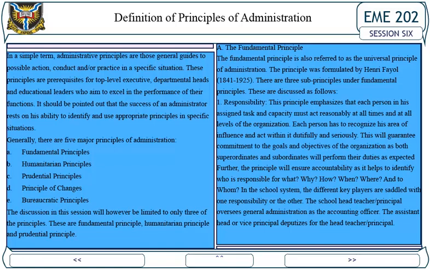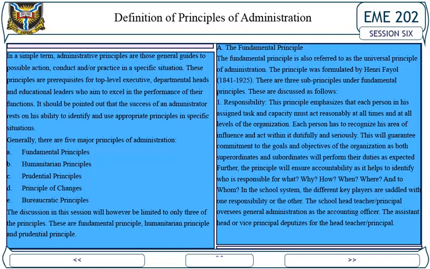1. Responsibility. This principle emphasizes that each person in his assigned task and capacity must act reasonably at all times and at all levels of the organization. Each person has to recognize his area of influence and act within it dutifully and seriously.